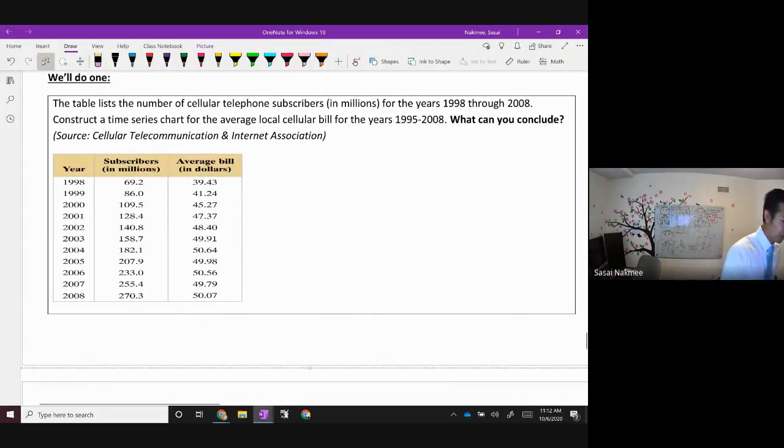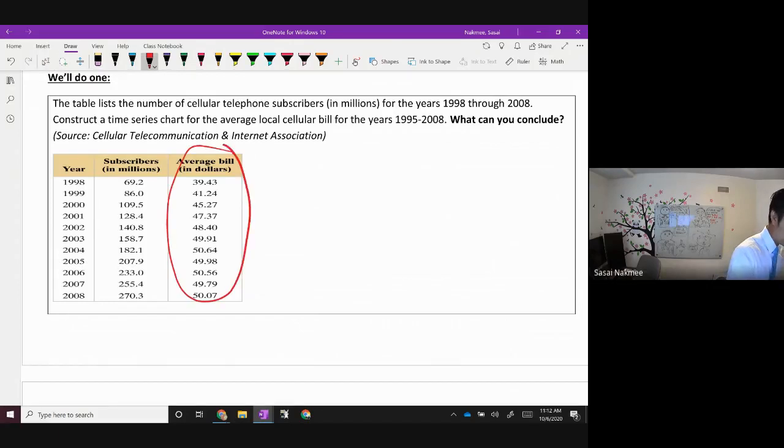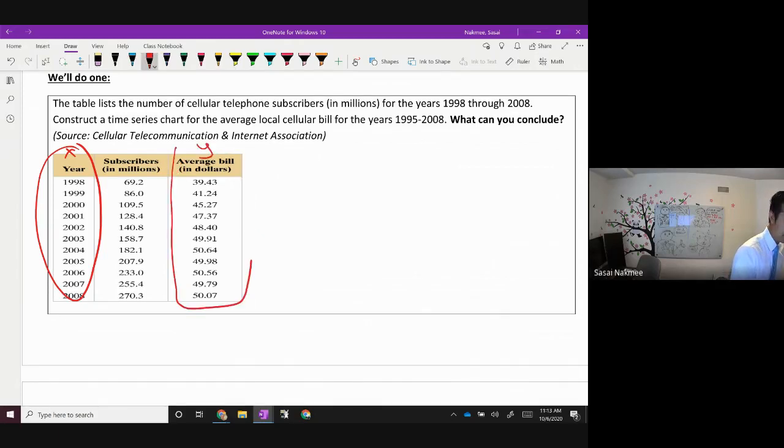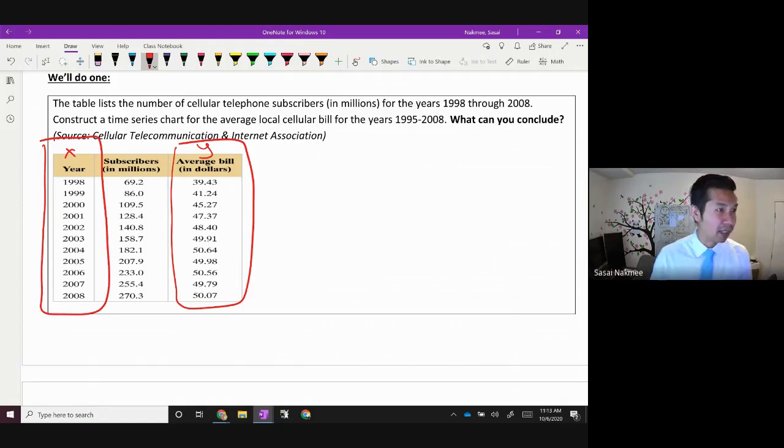So this is my time, and this is my average bill. My average bill is going to be my Y values, and that's going to be in dollars. And this is my X value, which is going to be what year it is.